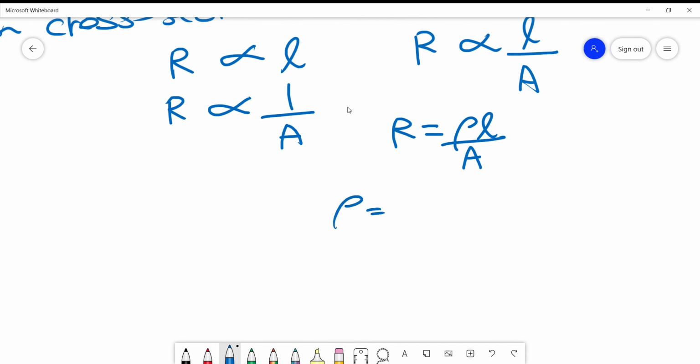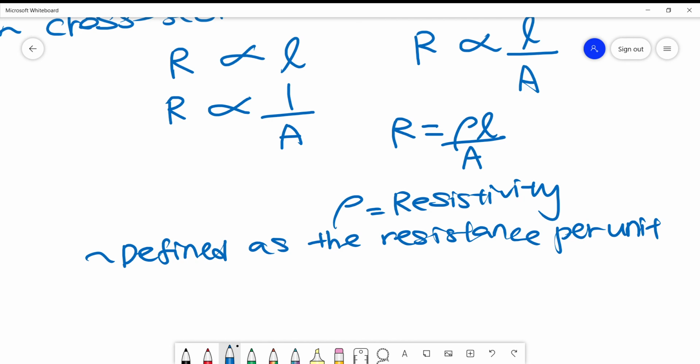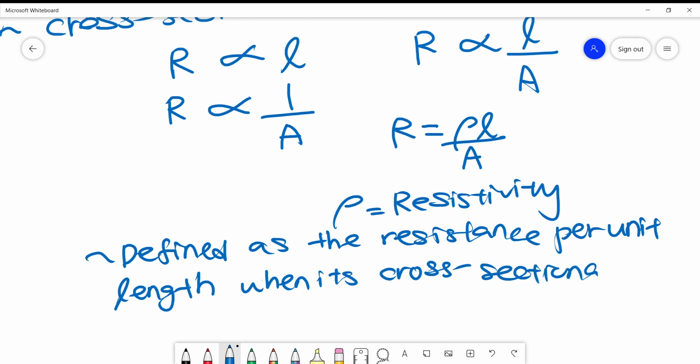This rho is what we call resistivity. The resistivity is defined as the resistance per unit length when its cross-sectional area is 1 meter squared.